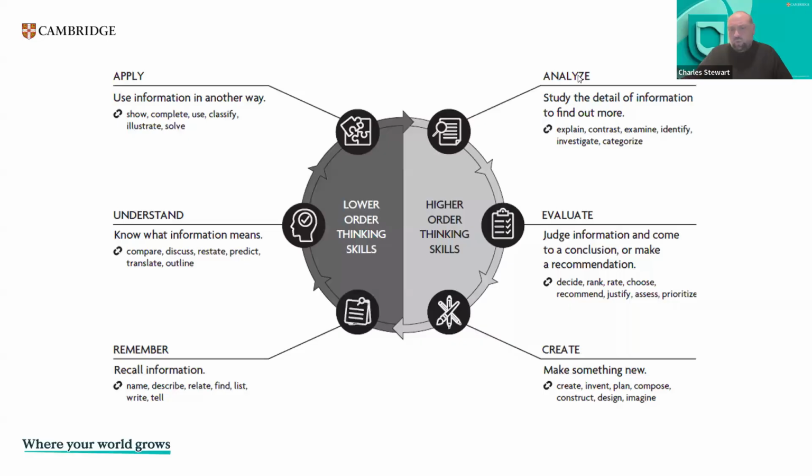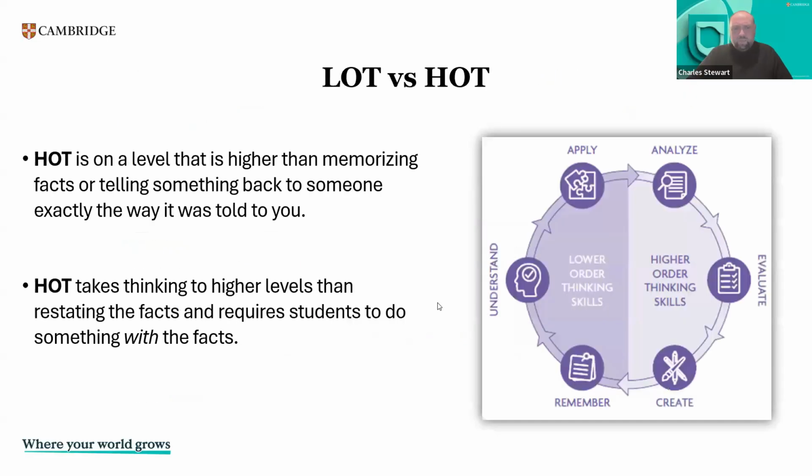So we can see here with higher order critical thinking skills, higher order is on a level that is higher than just simply memorization. It's on a different level, on a much higher level than simply me telling back to you what you just told to me. It involves us taking the facts and doing something with these facts.